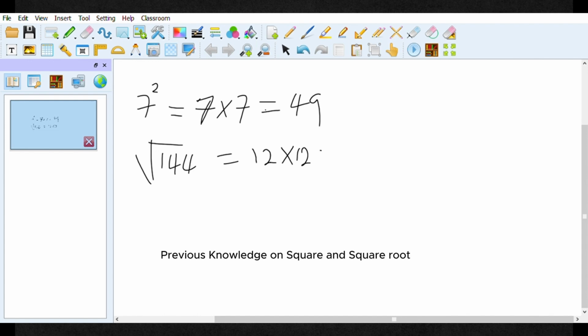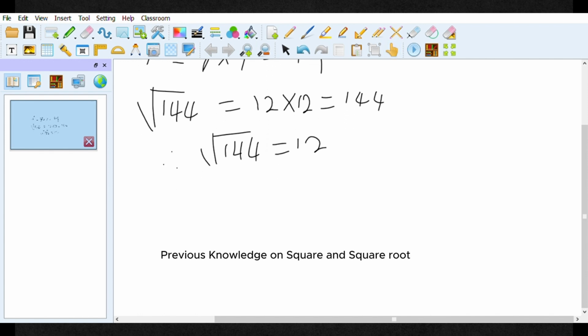And from our table of squares and square roots, we know that when we multiply 12 by 12, what we get is 144, which means the square root of 144 should be 12. Why is it 12? Because 12 is that number which will multiply itself to give us 144.